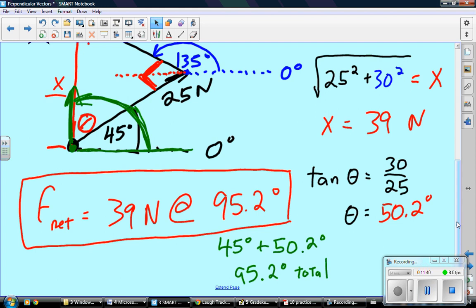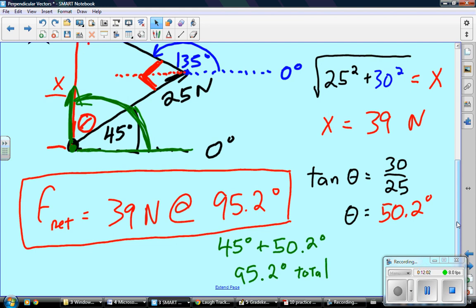You should never, ever, ever, if you're using north, south, east, west, get an angle that's greater than 90. Because between north and east, there's only 90 degrees. Between east and south, there's only 90 degrees. So it wouldn't make much sense if I said, okay, face north, and then turn 130 degrees towards east, because there's a simpler way to say that.